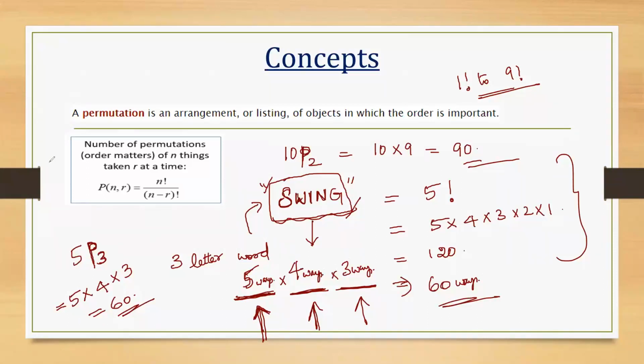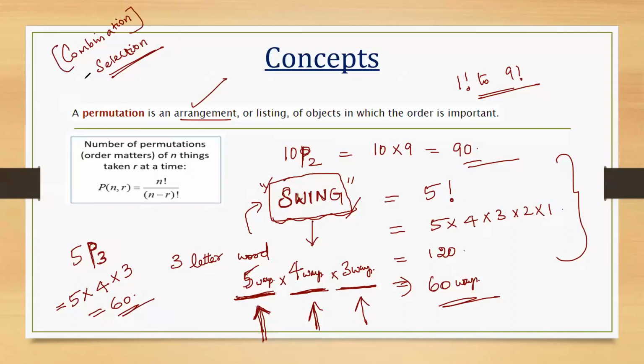So if you have the word arrangement or order, then the question is permutation. How many number of ways can you arrange? How many arrangements? If you have a word like arrangement, then the question is permutation. In a question, if we have only selection, then it is combination.